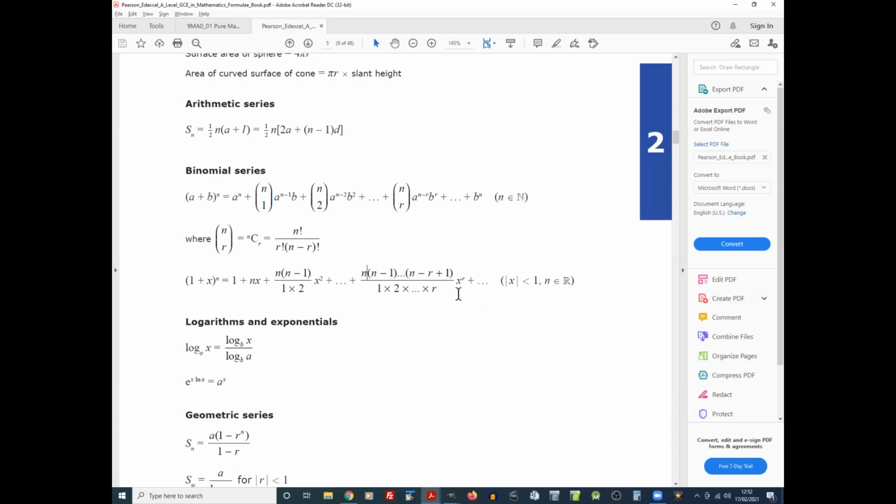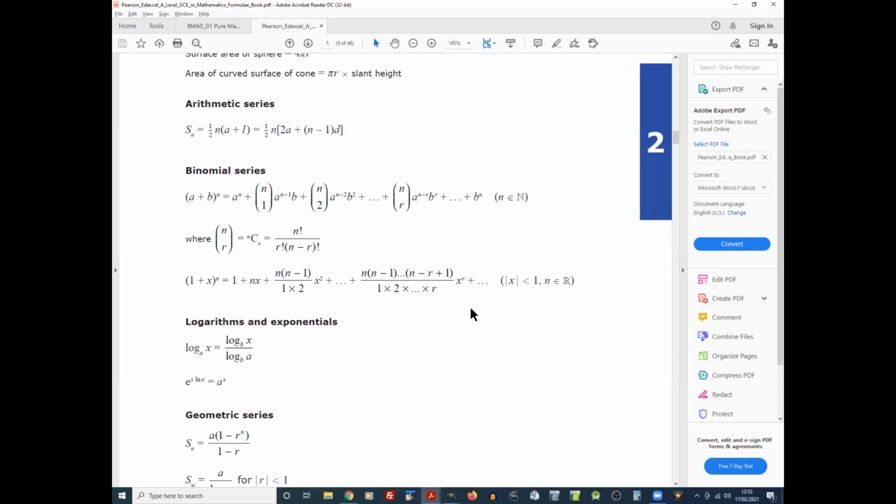Because you know what happens to numbers less than 1 when they are raised to larger and larger powers, don't you?